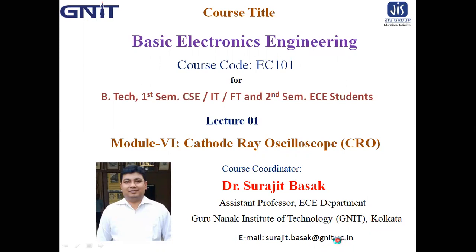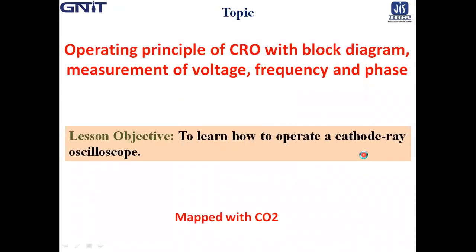Today we are going to start lecture number 1 from the last module, that is module number 6, cathode ray oscilloscope. The topics for today's class are the operating principle of CRO with block diagram, and measurement of voltage, frequency and phase.